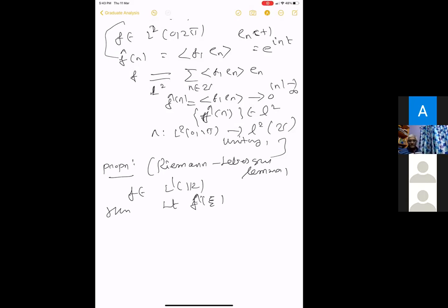Here also it's a two-sided sequence, indexed by integers.